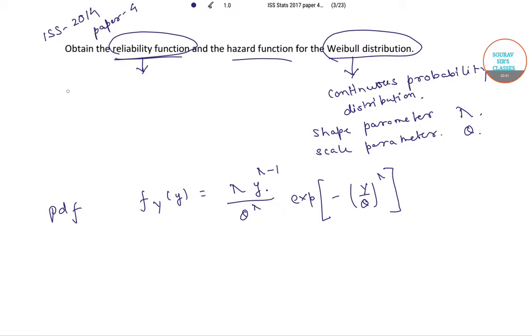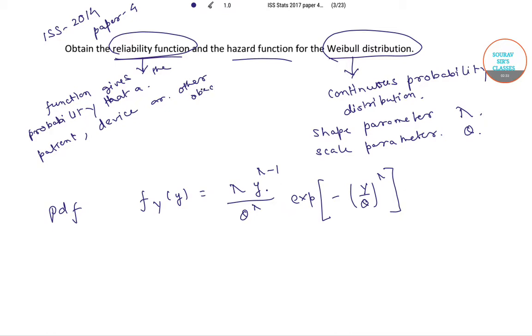This function gives the probability that a patient or a device or any other object will survive beyond any given specified time.